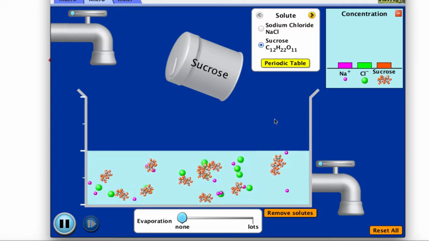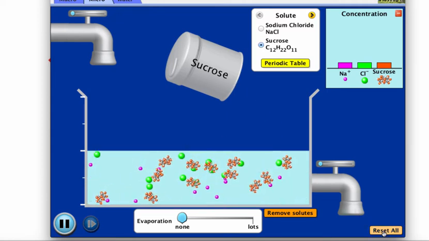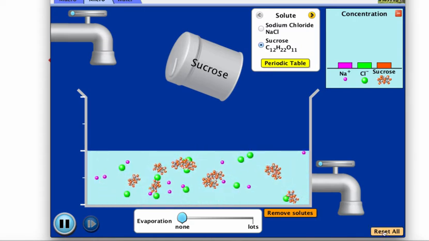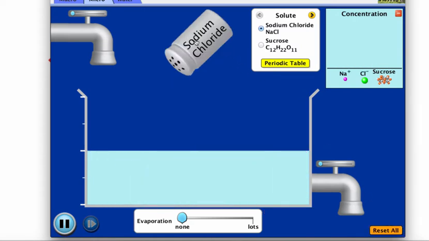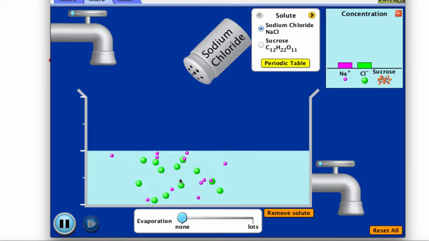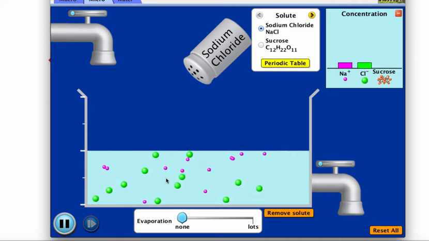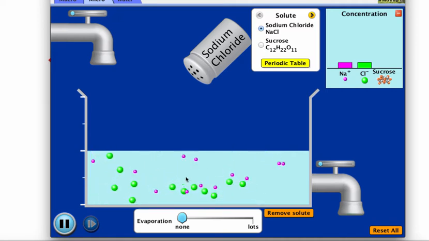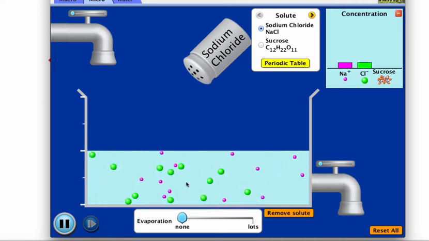Now you may have noticed something that salt does that sucrose does not do. So let's take a look at this again. Notice that when I add salt, the sodium chloride breaks apart into ions. This process is called dissociation. Dissociation is where the positive cation and the negative anion get surrounded by water and pulled apart.